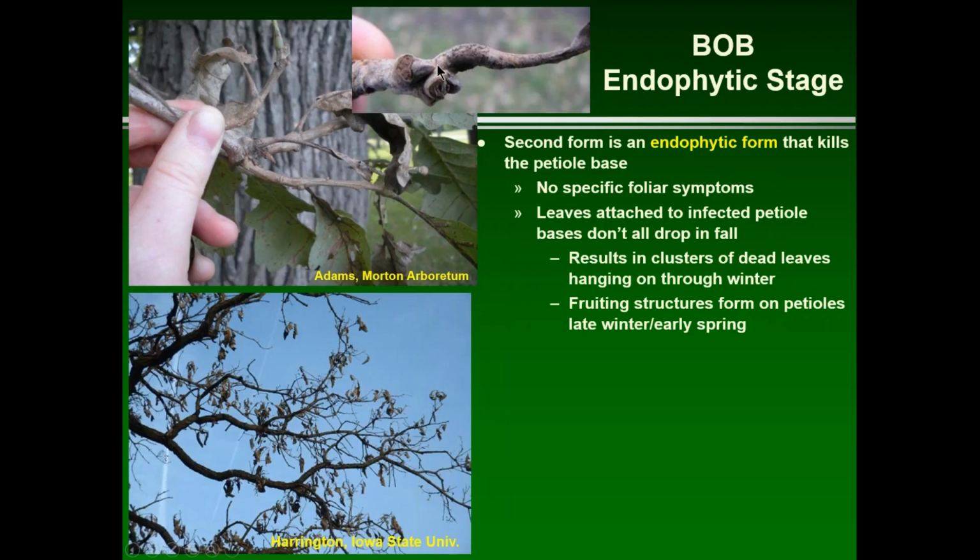So oftentimes this dead petiole base, when we get these fruiting structures, provides the spores that in the spring will blow off and infect the foliage, leading to the foliar form.